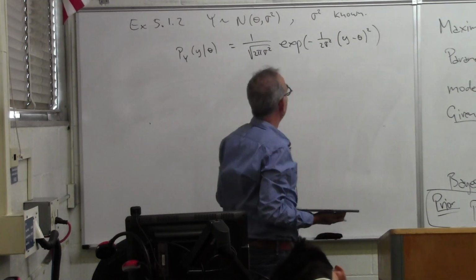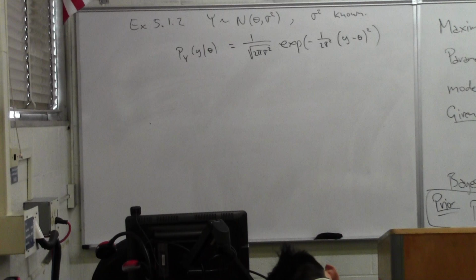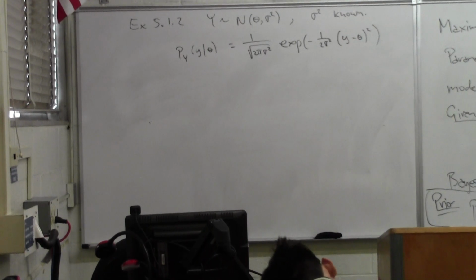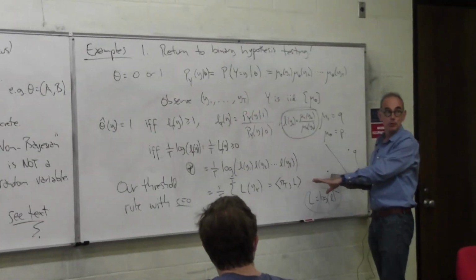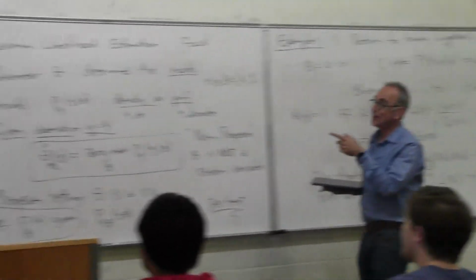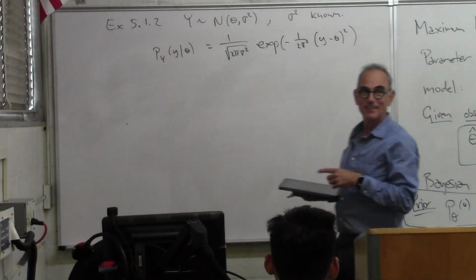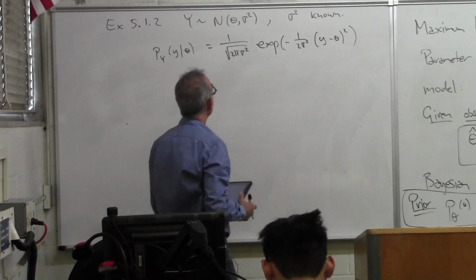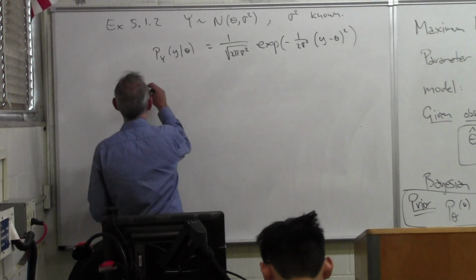Right? And you can imagine, I took a log here so I could get a sum and get something pretty. I'm going to take a log here because it's an exponential. And this happens all the time.